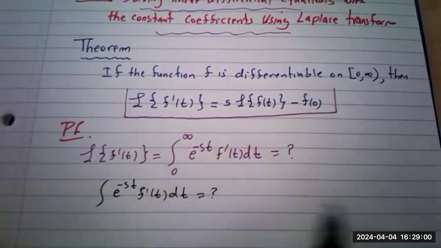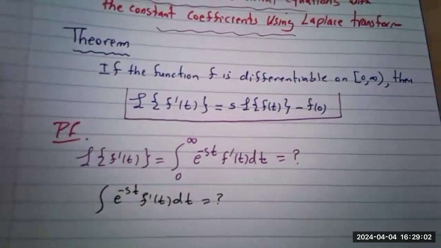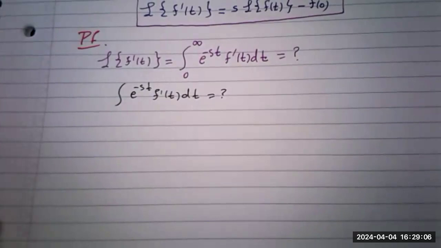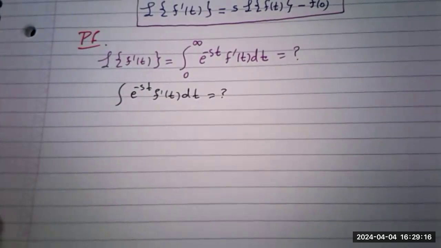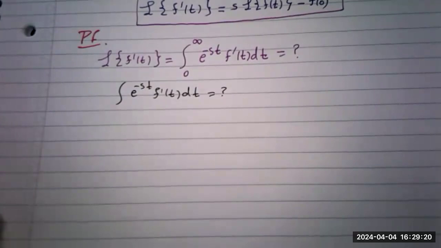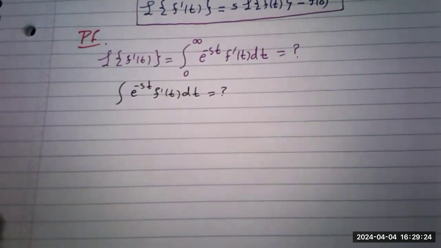So I'm going to use integration by parts to get this one. Any suggestion for u and dv? Any guess? Yes. I'm just making v... Not v, you mean dv.